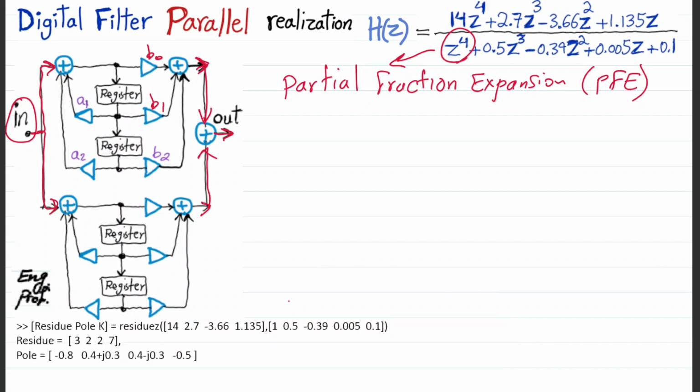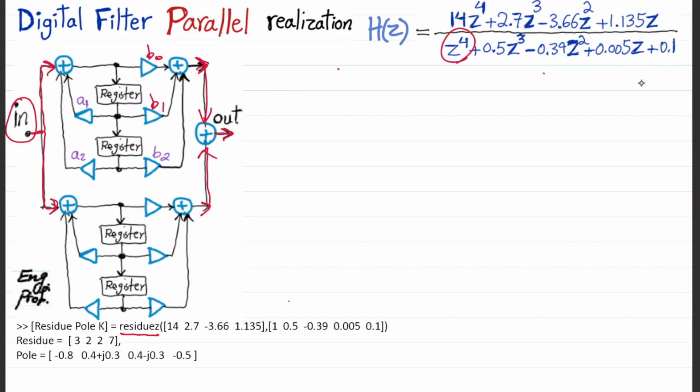So what is the use case of these things? Very simple. We are doing partial fraction expansion using the residuez function in Matlab. What I did effectively is this: multiply both numerator and denominator in this whole thing by z to the power of minus 4.